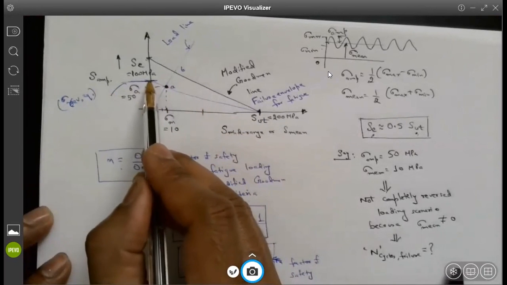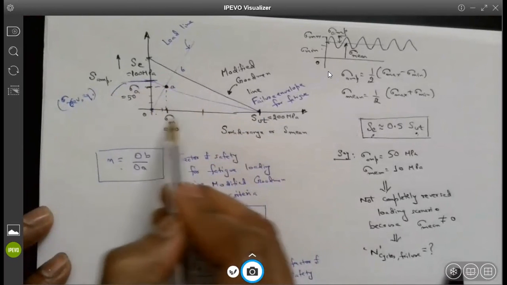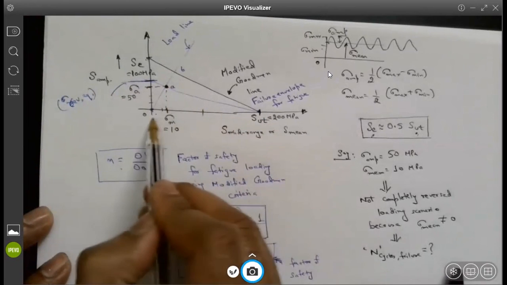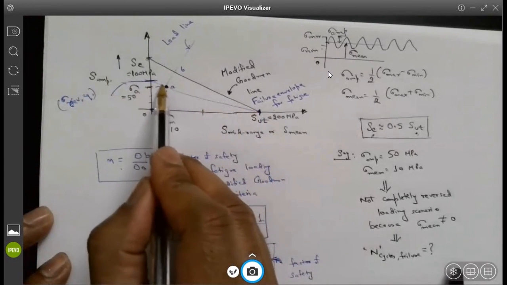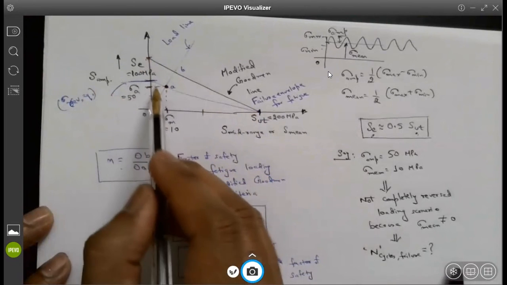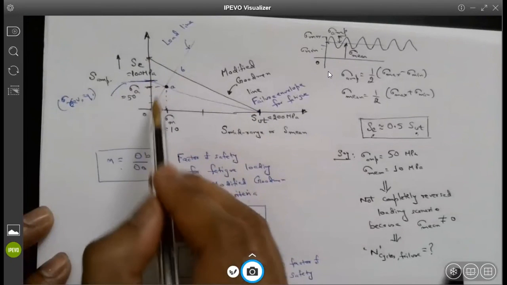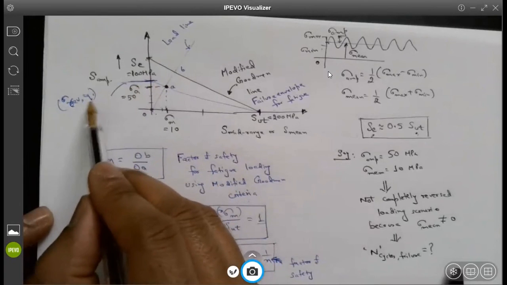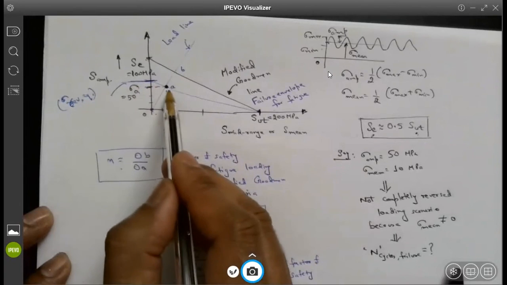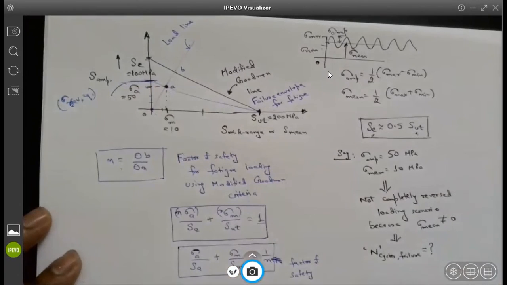At this point the mean component is 0, because the mean component is on the x-axis. So if I join a line connecting this point to this point and extend it to the vertical axis, wherever it intersects at this point, mean is 0. That means I am getting an equivalent reversible stress for this situation, and that is what we are going to use in our formula.